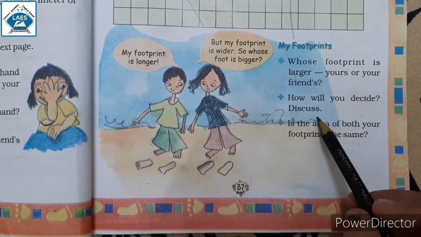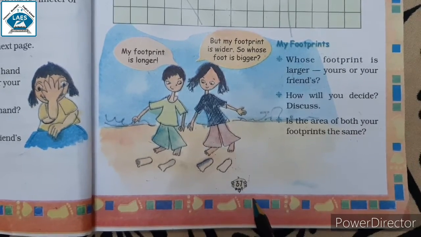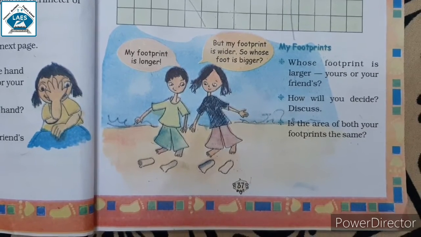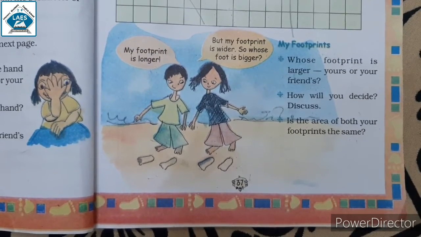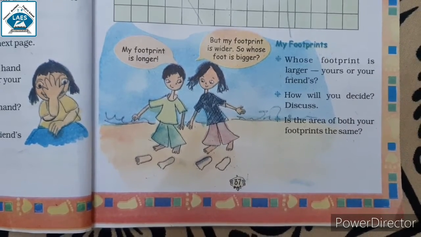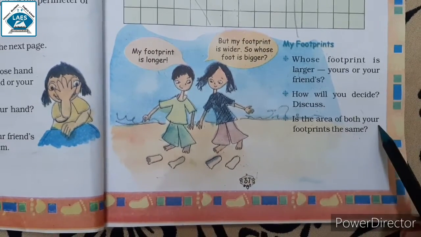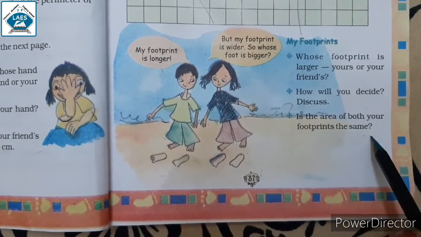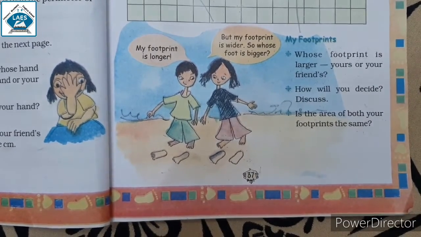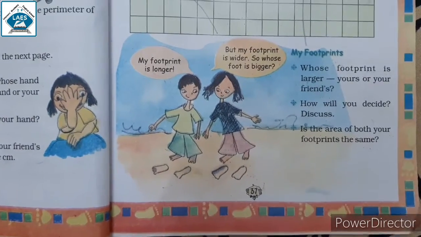First, you can observe the area of your footprint and your friend's footprint. Then you will find that one footprint is bigger, which means it has the bigger area. And then, is the area of both your footprints the same? Yes. Both your legs are equal, so your footprints will also be equal.